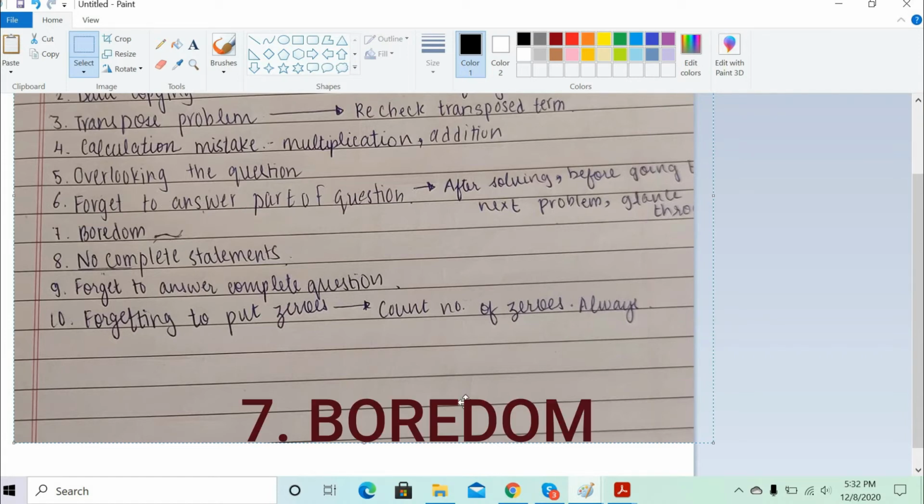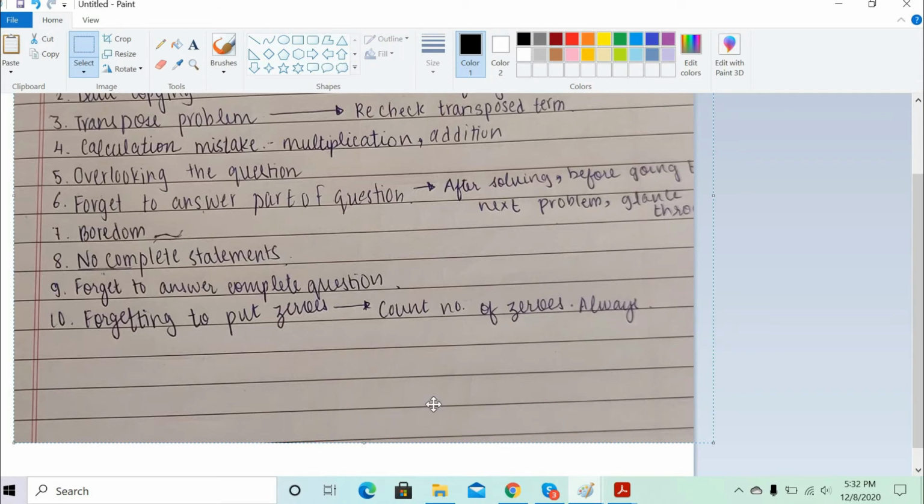At that time you have to read the question again properly and check only the answer part, whether the sub part is being answered or not. Then when you revise it, you'll easily come to know that this question was not answered, right? So after solving it, before going to the next problem, just glance through. That will be a complete solution to avoid this.